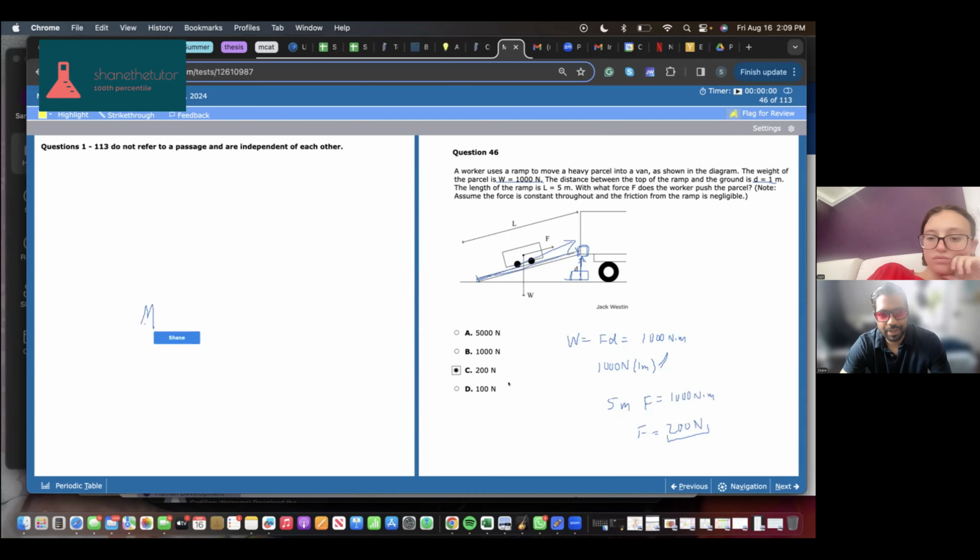And so this could be something called mechanical advantage, which would be like the force input, or rather, I think it's force output over force input, or distance input over distance output.